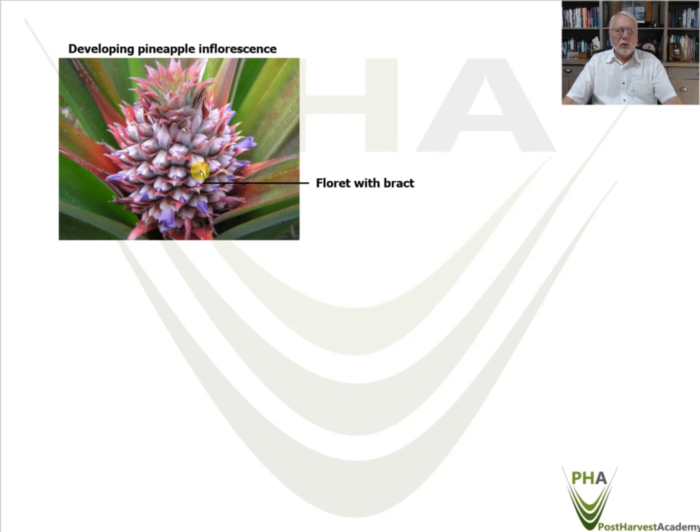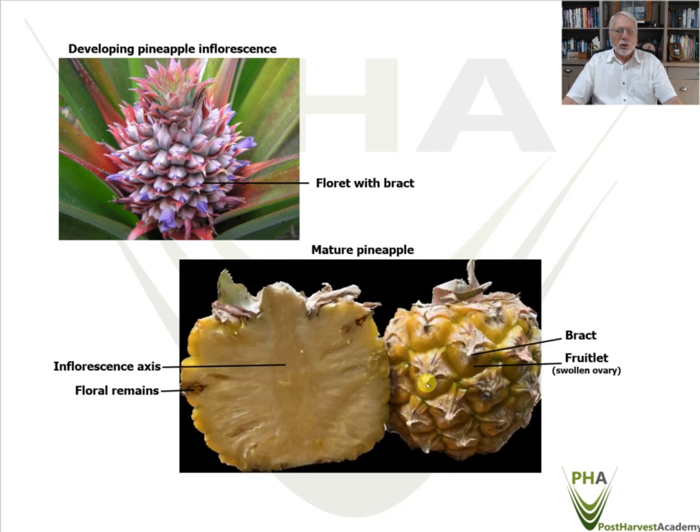Each little floret is associated with a leaf-like structure known as a bract. In the mature pineapple, all of these fruitlets are fused together, and each fruitlet is associated with a bract. The core of the pineapple is an inflorescence axis, and the edible part consists of many swollen ovaries.